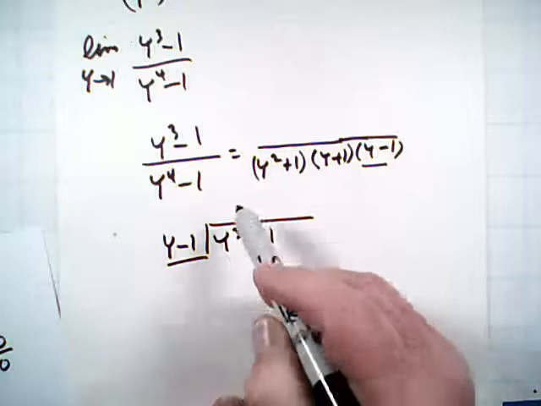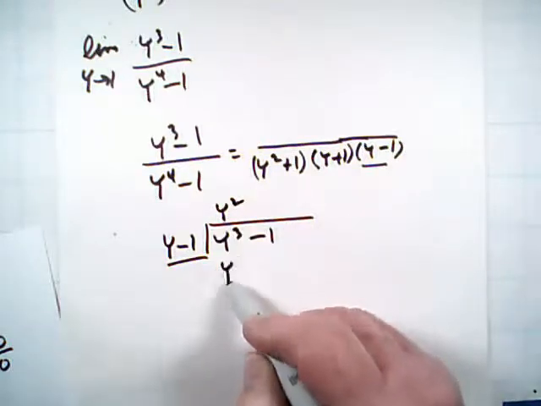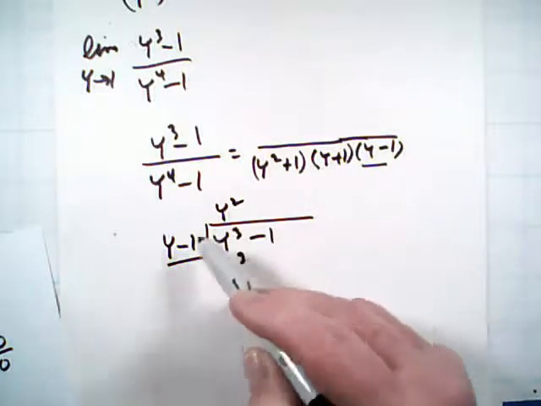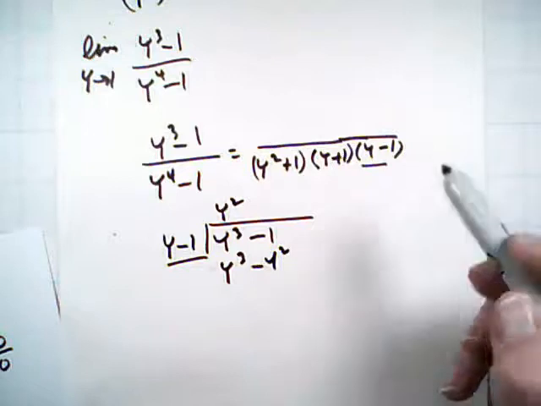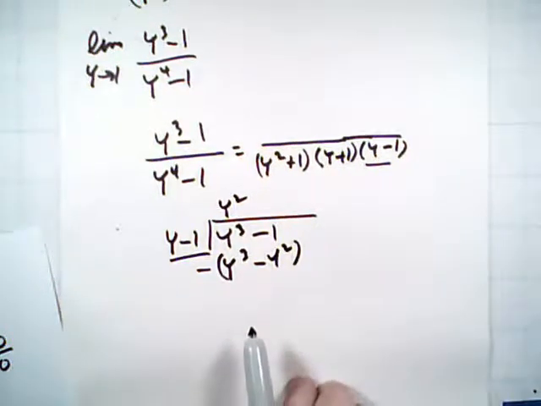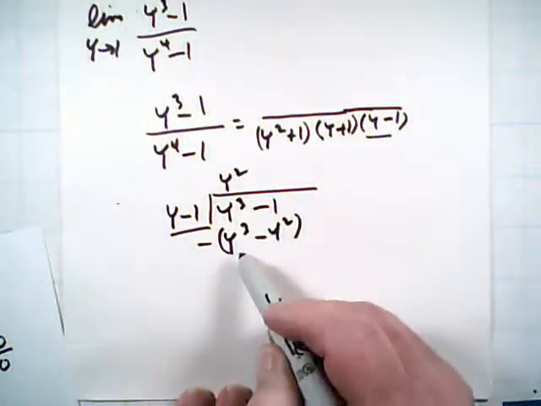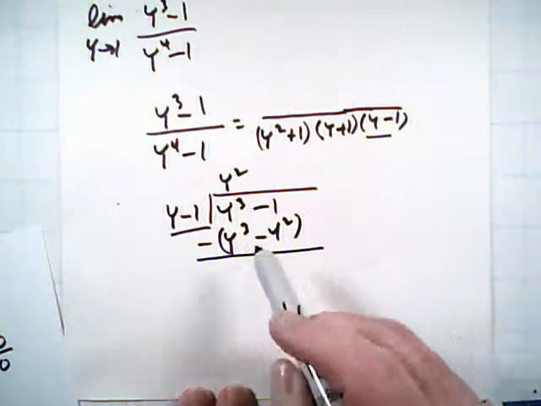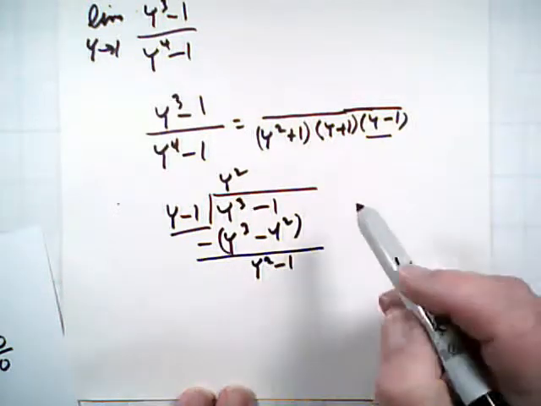Well, y goes into y cubed y squared times. y squared times y is y cubed, y squared times minus 1 is minus y squared. And we subtract that. The y cubes drop out, and the result is y squared minus 1.